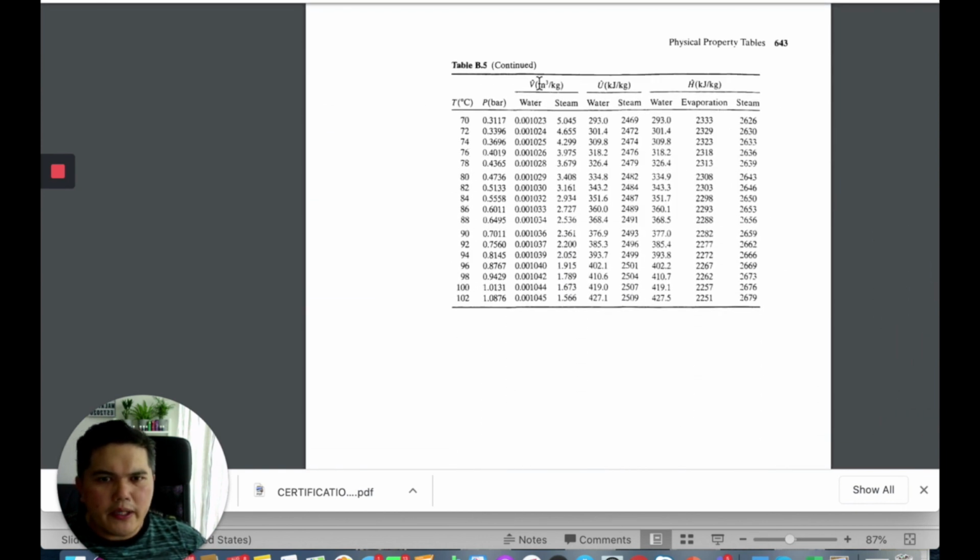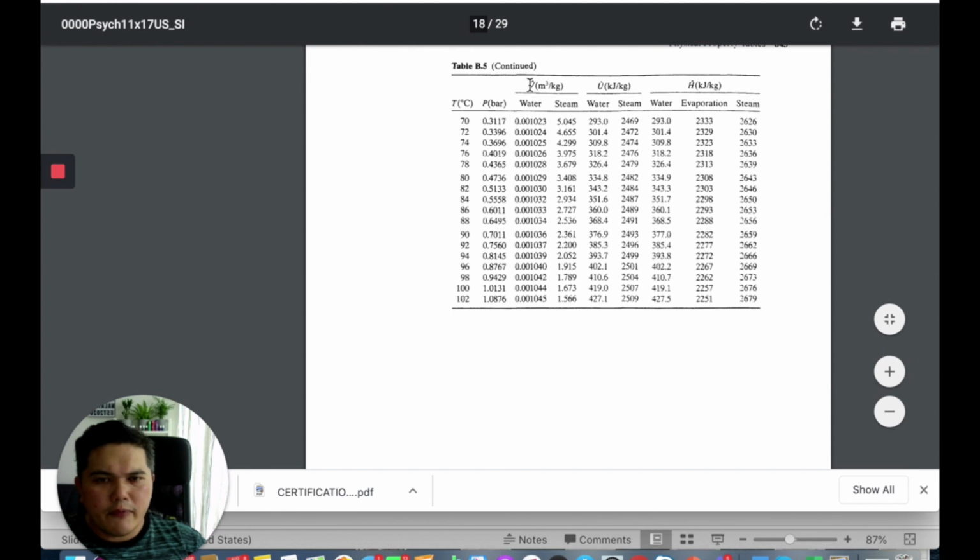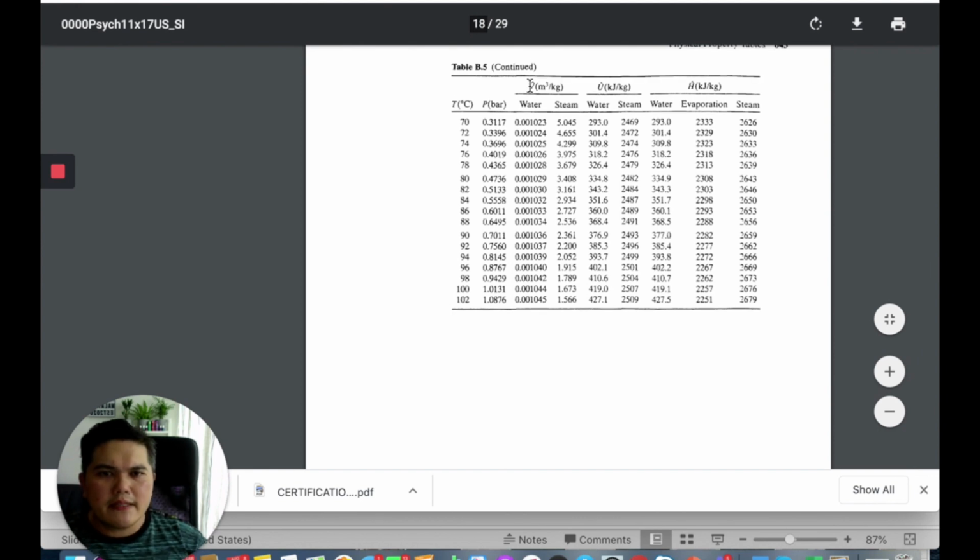You are given information such as the specific volume, specific internal energy, as well as specific enthalpy. For specific enthalpy, you have water, evaporation, and steam. Now your water is not in liquid form; it is in the form of steam.